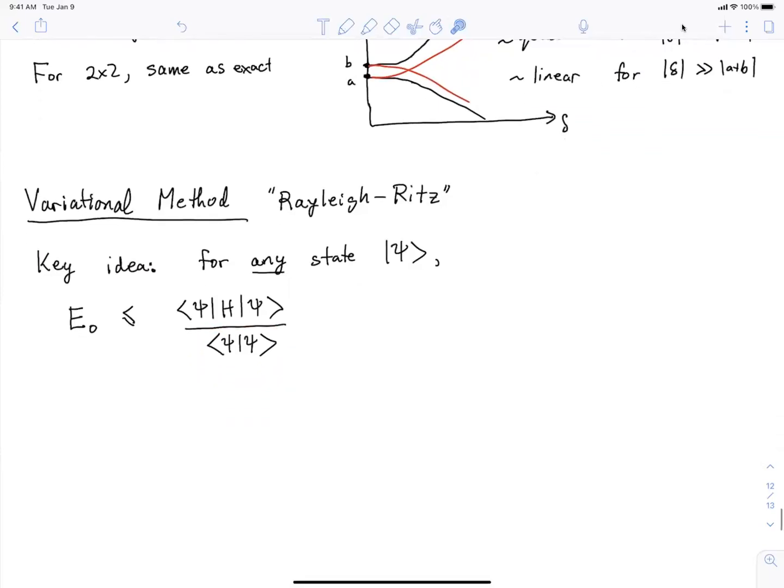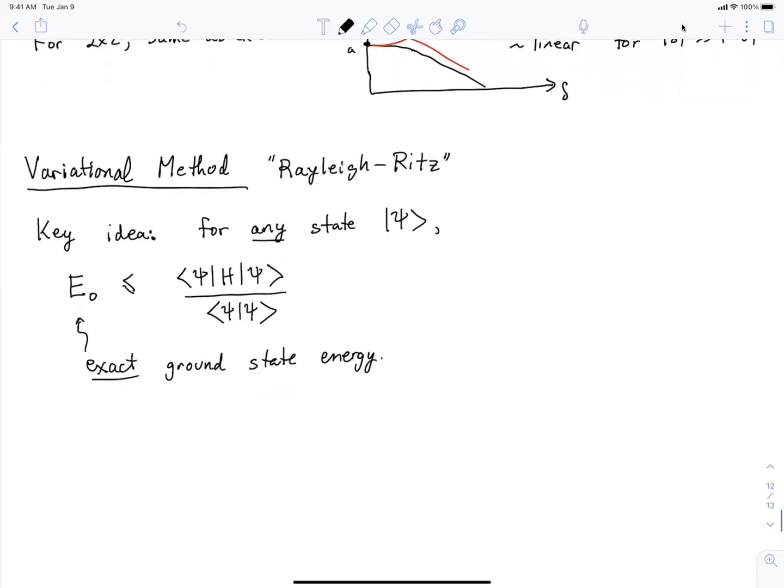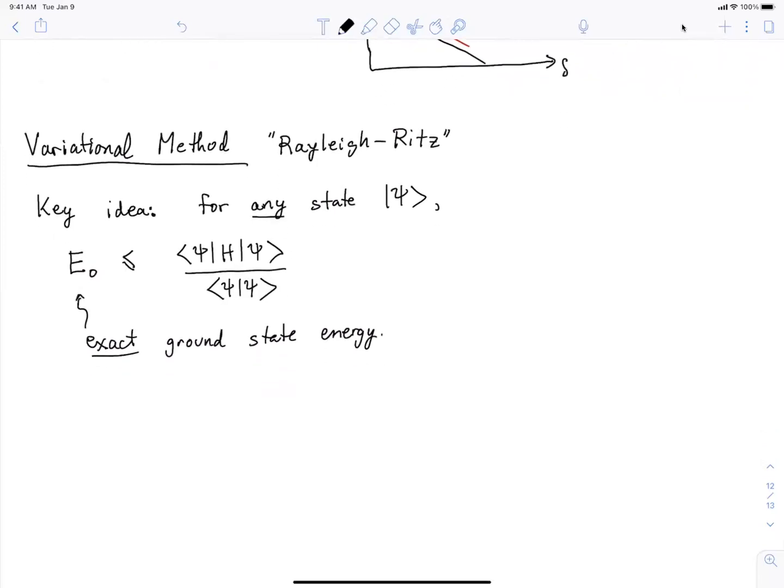And E0 here is, by definition, the exact ground state energy. That's supposed to be true, and we're going to prove it in a few minutes, but that's supposed to be true for any psi that you get to pick.